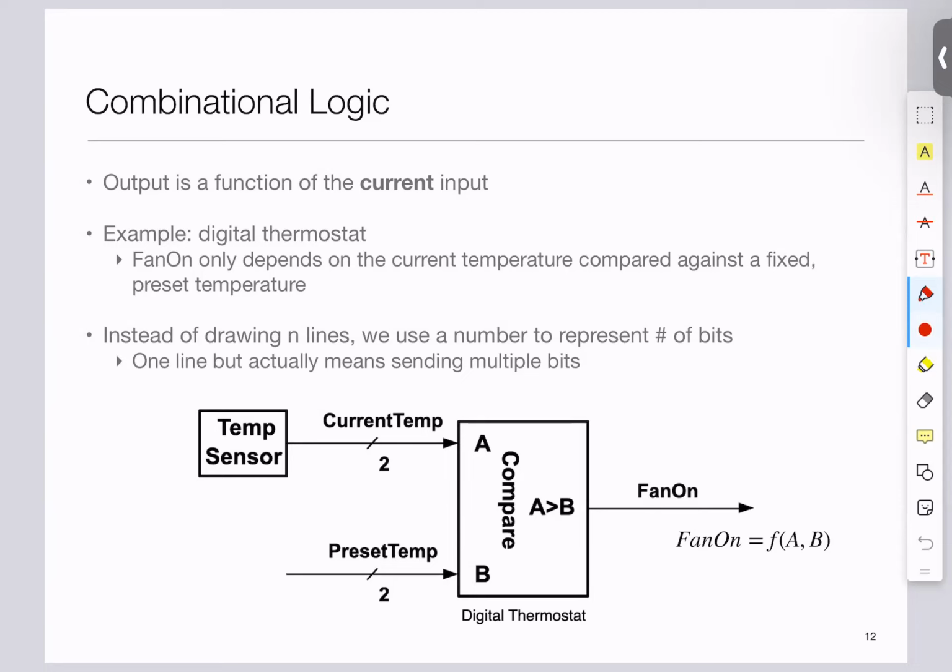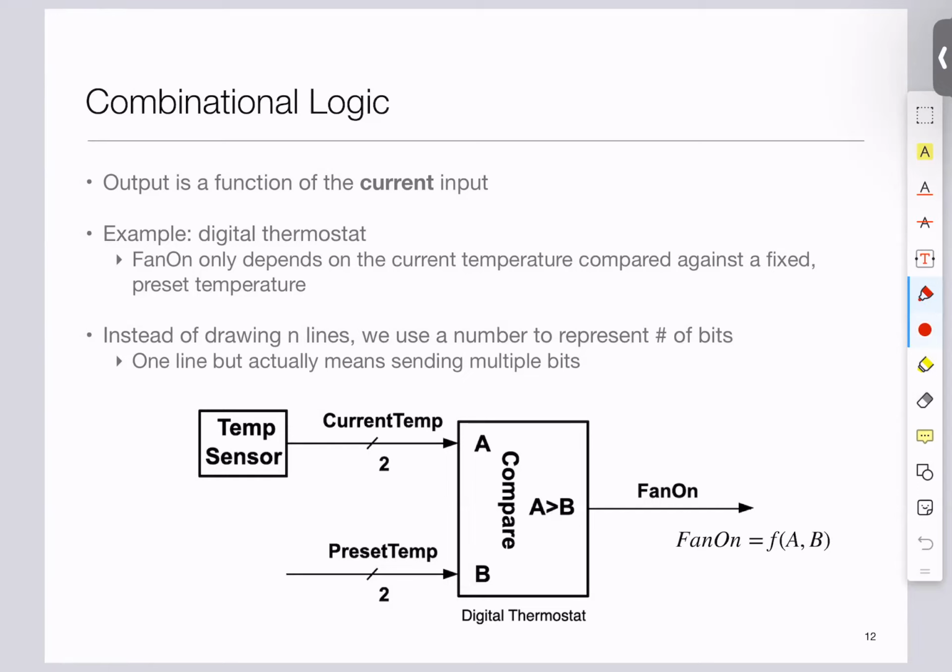Okay, so I had this example of a comparator which compares two temperatures, the current temperature coming from a sensor and another temperature which is set by the user. It outputs a 1-bit value, fan on/off, which controls a fan through, let's say, a relay.